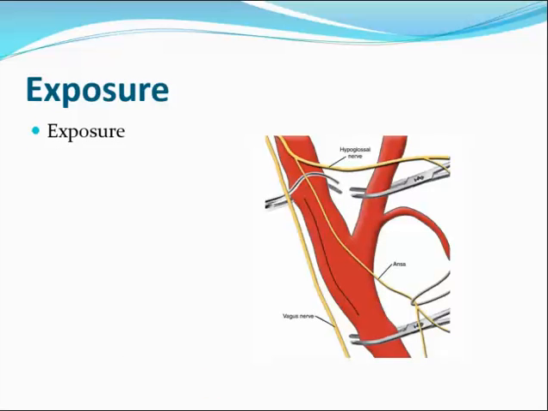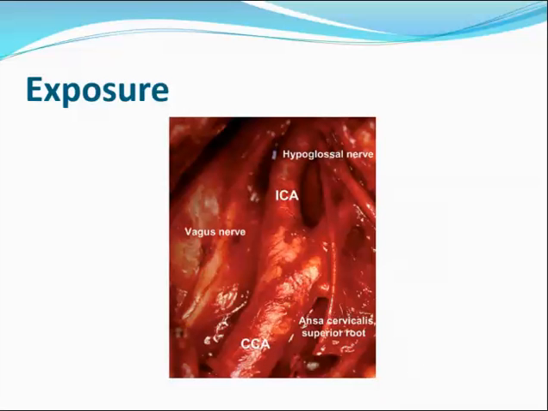Now we're looking at exposure here, and this is the vagus nerve, the ansa cervicalis, the hypoglossal, and these are places to put the clamps on when this has been exposed. The following picture is an example of an exposure for a carotid endarterectomy.